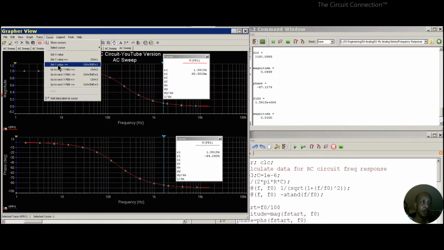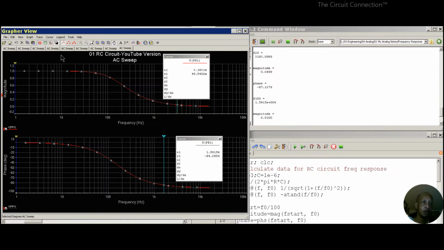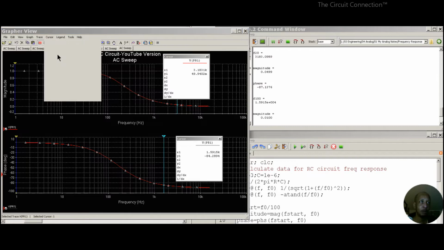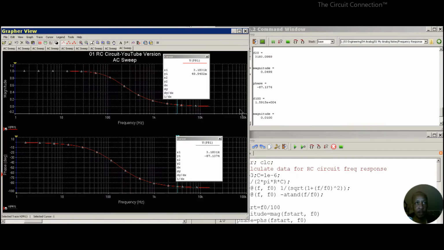It's on magnitude. It's just that in Multisim, that marker that tells you where it's at is so small that it's so easy to miss. Now, when I go down here to the phase, you see the red marker there? Now we're on phase, and I put in the X value for that. And so that is that.